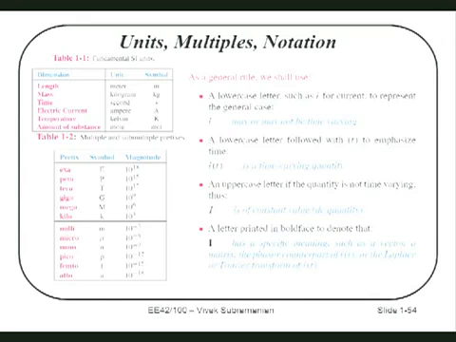For example, by the way, I is usually used by engineers to describe current. If I use a lowercase i, it'll typically indicate a current measured at some instant in time.